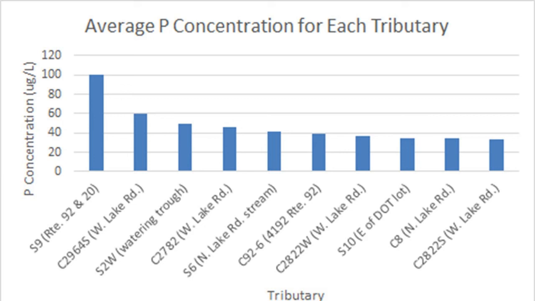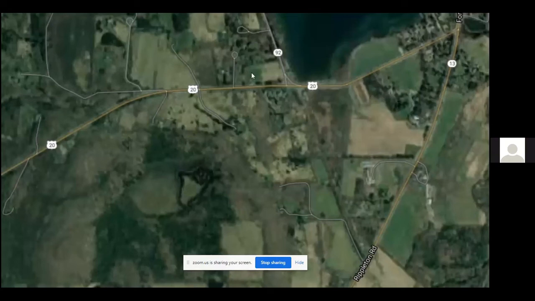S9 was the one that had the highest. It was a little over 100. Let me go to it. Oh, there it goes. So it was right about here, if you can see my cursor, where 92 and 20 meet, and a little bit south of that.